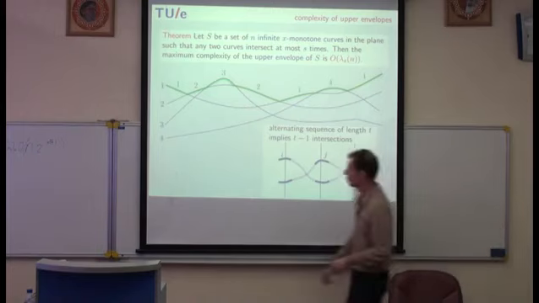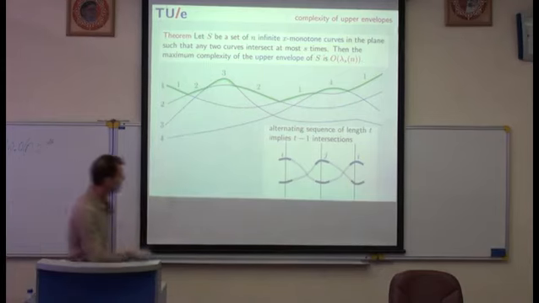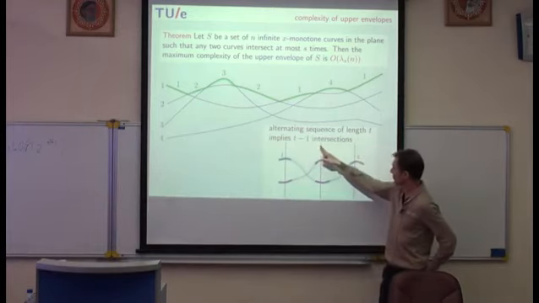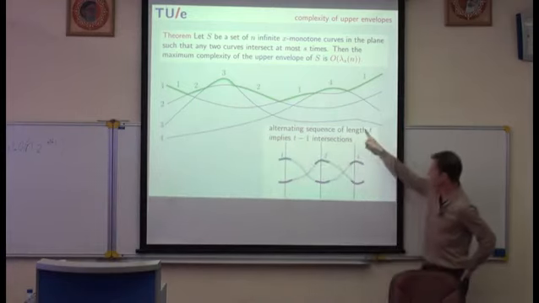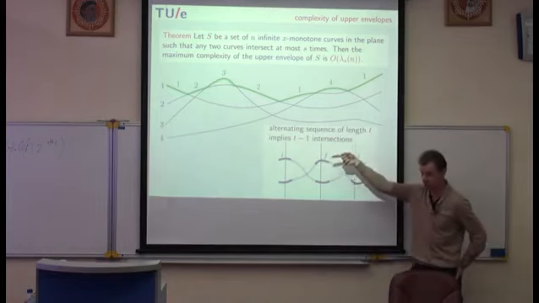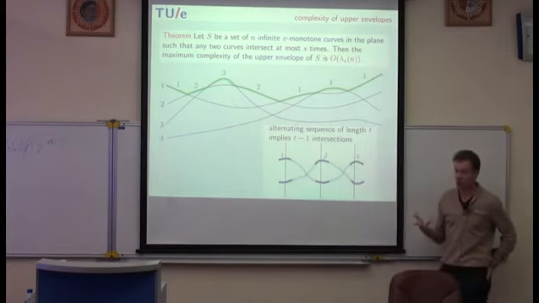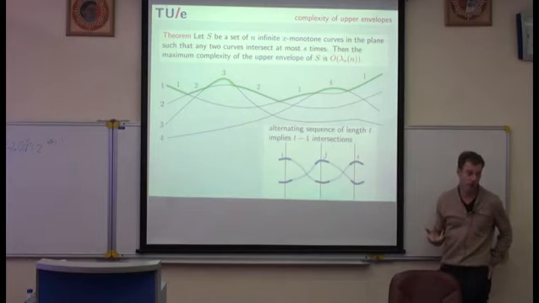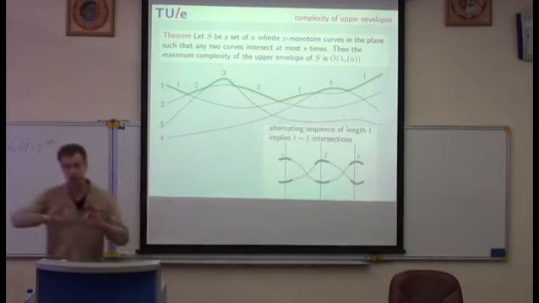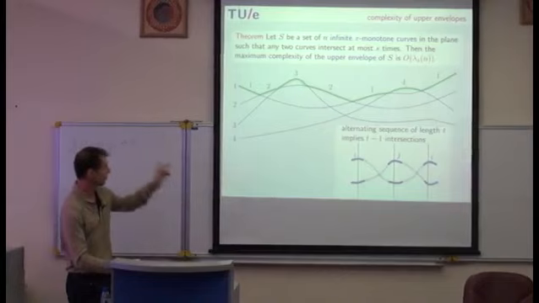So if you allow s intersections, then you can have an alternating sequence of length s plus 1, but s plus 2 is not possible, because then I would have s plus 1 intersections, which is not allowed. So you don't have an alternating sequence of length s plus 2, so it's a Davenport-Schinsel sequence of order s.